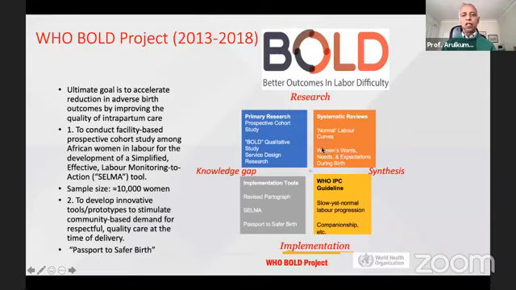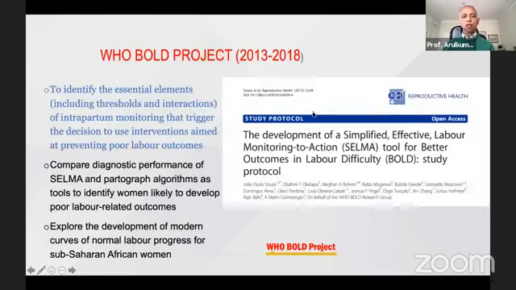They will do qualitative studies on what the woman wants and the expectations of the mother during birth, and the implementation tools. How would we revise the Partograph? And how would we implement it if we come up with a labor care guide? So there are 4 components: research, knowledge gap, synthesis, and so forth. So I'm going to touch on one example.